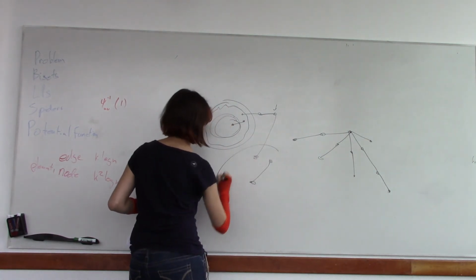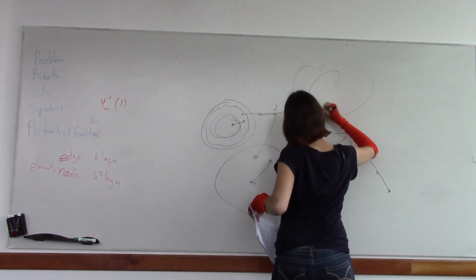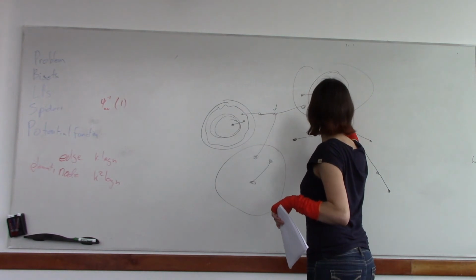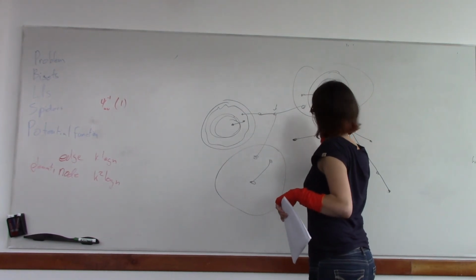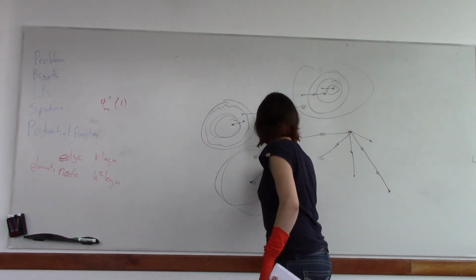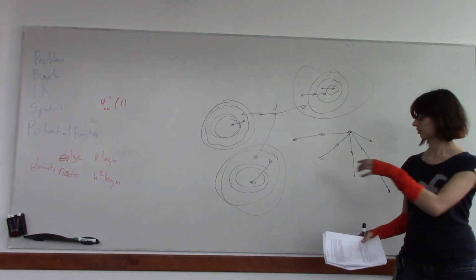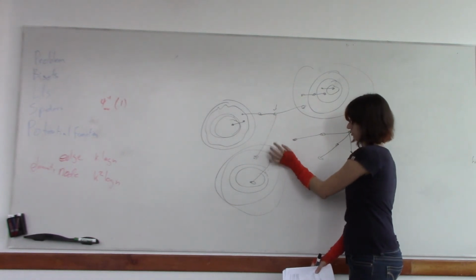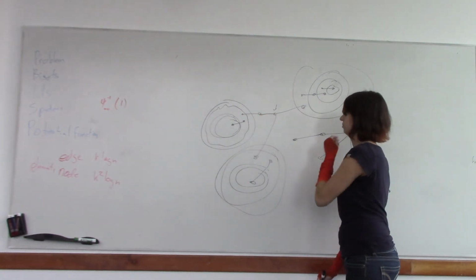Basically, you have sets of edges which will cover a certain family of bisets. So this edge covers this biset, this edge covers this biset, this edge should cover some biset or it shouldn't be there.